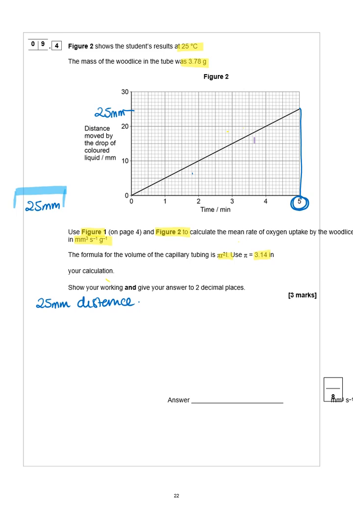So if I focus first of all on working out the volume of the capillary tube, then I'm going to do 3.14, which is my pi, times by my radius, which is half my diameter, so 1.25. And again, where did I get that information from?